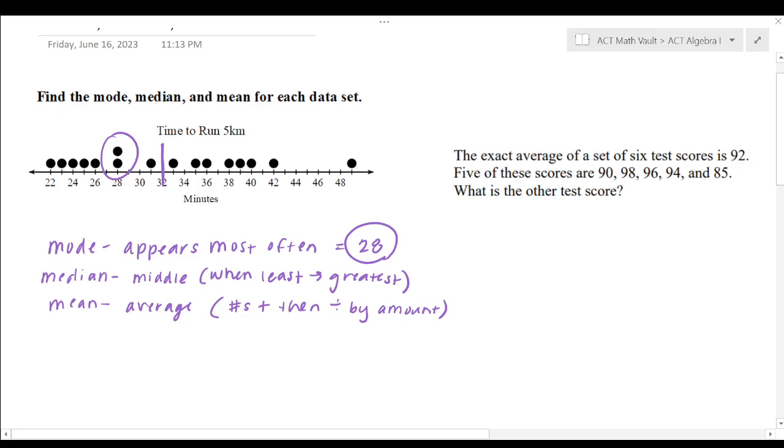Okay, so I know that the middle of this data set is right between the 31 and the 33. When that happens, we are going to take the average of the two of them, because this is an even numbered data set. So we have 31 plus 33 over 2.